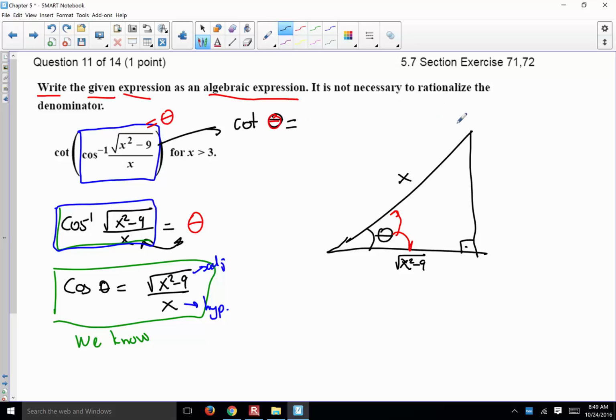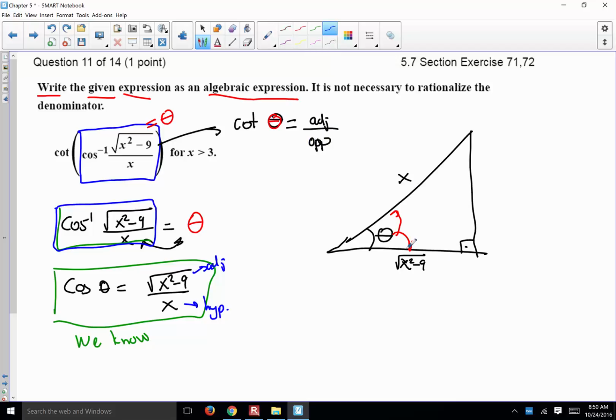What's the meaning of cotangent theta in a right triangle? Cotangent is, what is it? Opposite over hypotenuse? Opposite adjacent? Adjacent opposite? Adjacent hypotenuse? Which one? Yeah, this is adjacent over opposite.